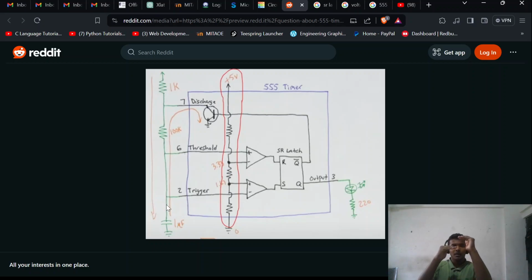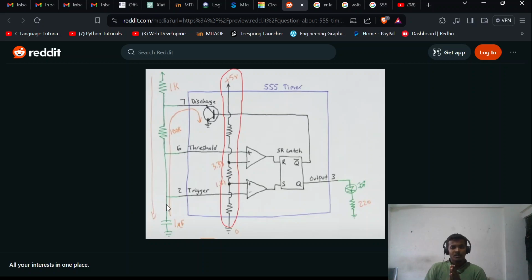The moment the capacitor voltage comes below 1.67, the set pin will get 1, R will get 0, so polarity switches. Q will get 1 and Q dash will get 0, transistor is off, LED is on again when the capacitor will start charging, and this cycle continues.